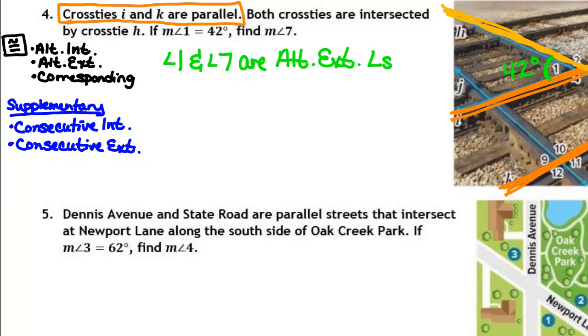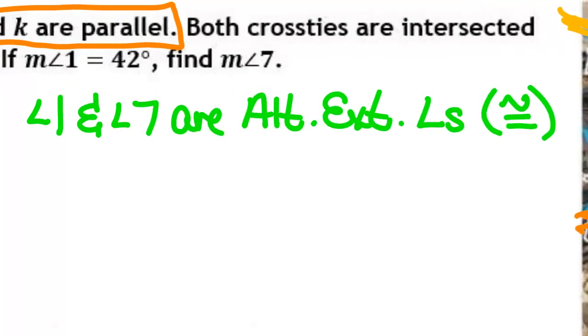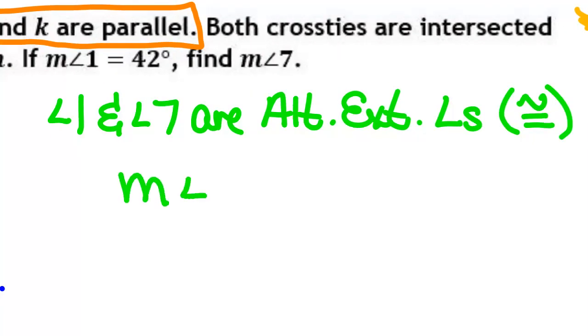And what was the relationship that we learned yesterday? Remember, I jotted them all down over here. What was the relationship that we learned yesterday about alternate exterior angles? They are congruent. So that would mean the measure of angle 1 is equal to the measure of angle 7. Let me write down the congruent statement first, actually. My apologies.